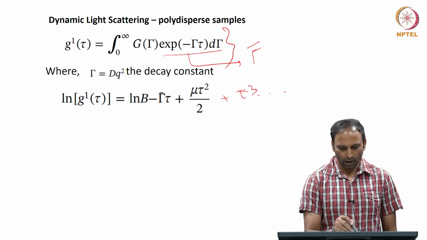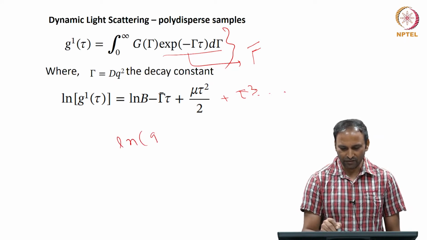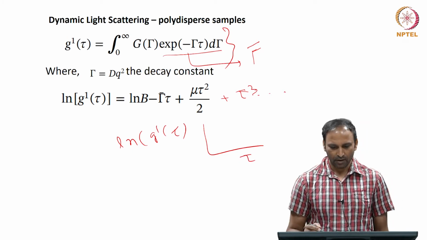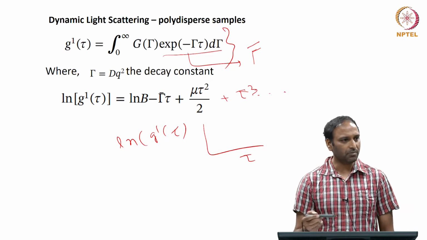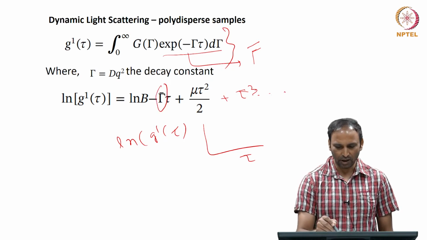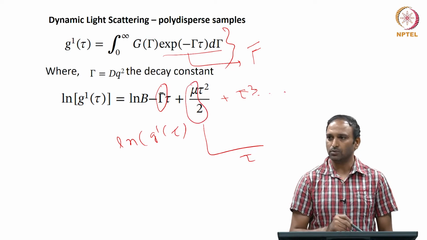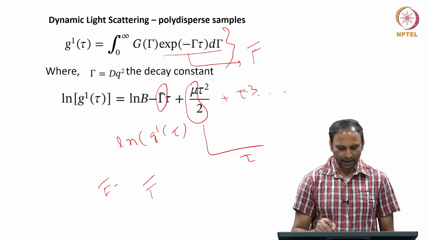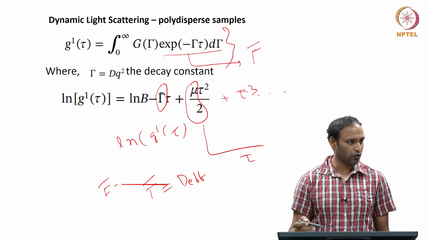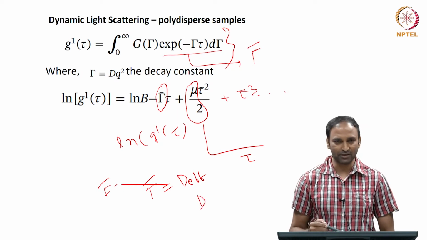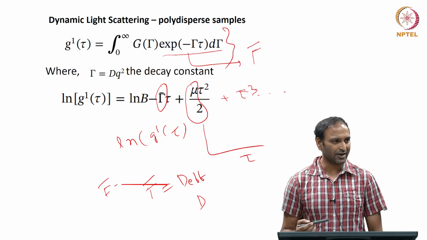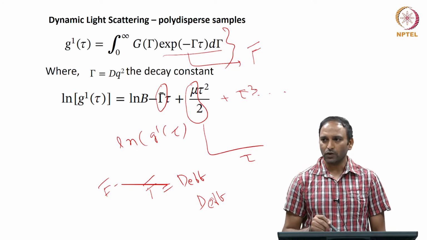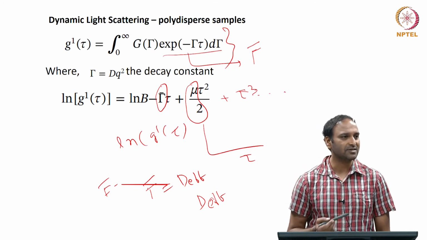So, if you plot ln of g1 of tau versus tau, which is what you have access to, then I can fit a function and get what is tau bar and what is mu by 2. From tau bar, I can get D effective, the effective diffusion coefficient, not D anymore, because you have particles of many different sizes, and I am interested in the average size. And this mu will have information about the polydispersity of the sample.